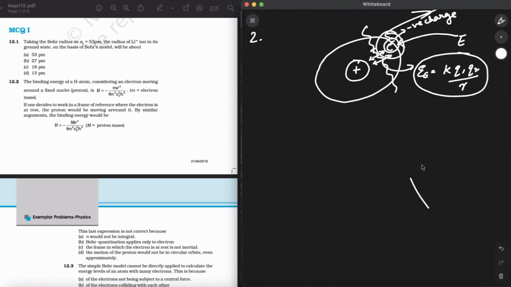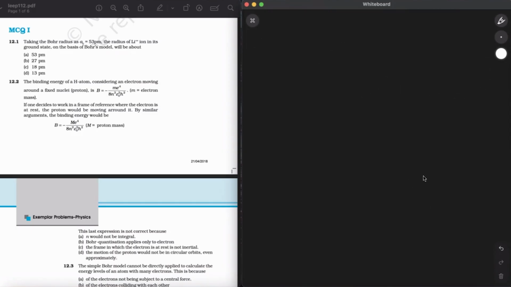Okay, simple. So now, the binding energy of an H atom, considering an electron moving around a fixed nucleus, and for the nucleus you have to consider a proton, just a single positive charge. So the binding energy is also given to us: minus m e^4 divided by 8 n^2 epsilon naught^2 h^2, where m is the mass of the electron.